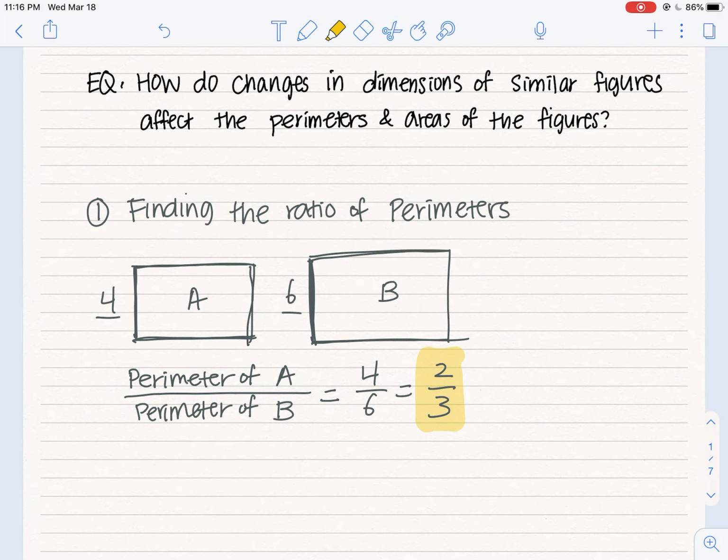And this is just going to be the ratio of the perimeters. If they're similar, the ratio is always going to be the same. It doesn't matter if it's a bigger or a smaller shape, as long as they are similar figures, the ratio is always going to be 2 over 3. So when you compare the figures, you're going to see the ratios.